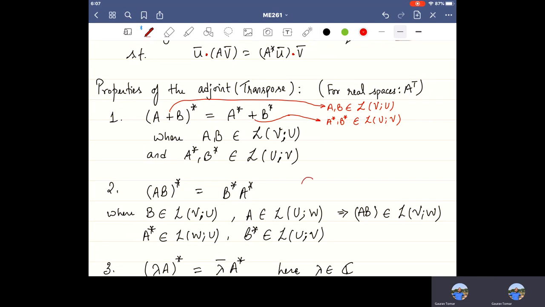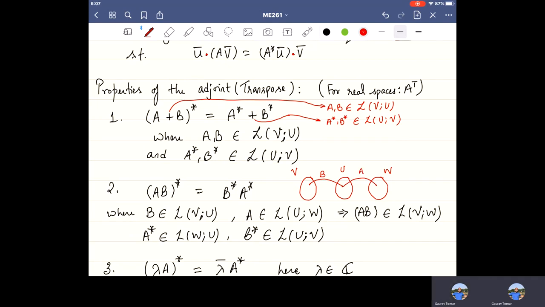Again, we can quickly see this by looking at a Venn diagram. Let's say we have V, U, and W. The way we have written, we are defining this as our B mapping and this as our A mapping.